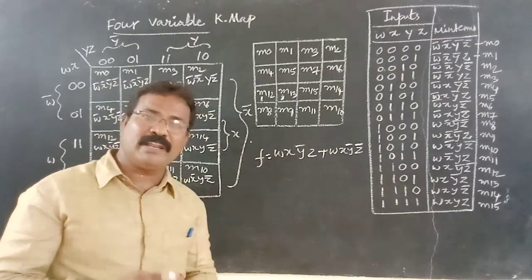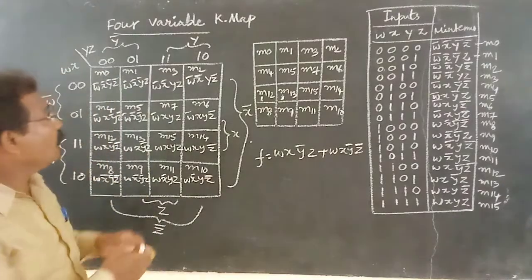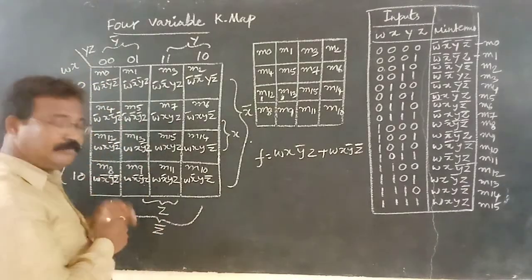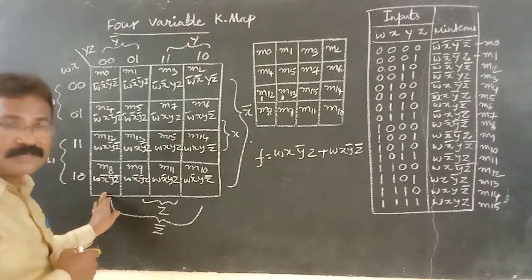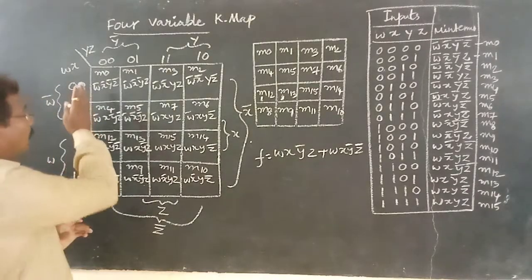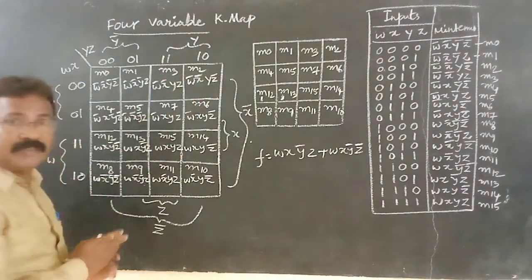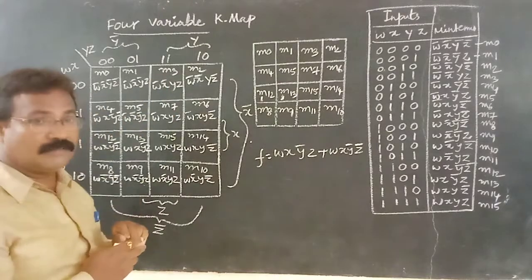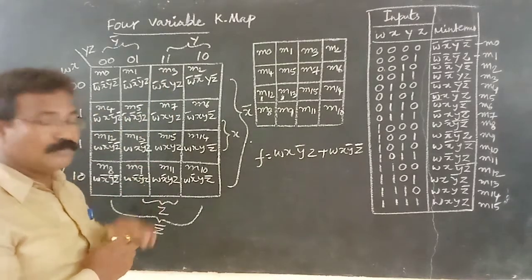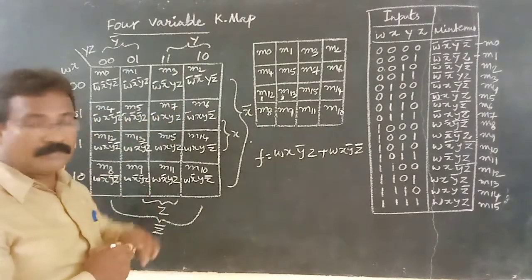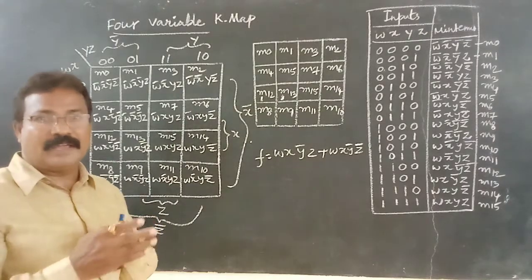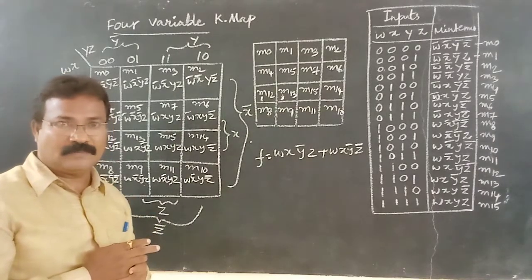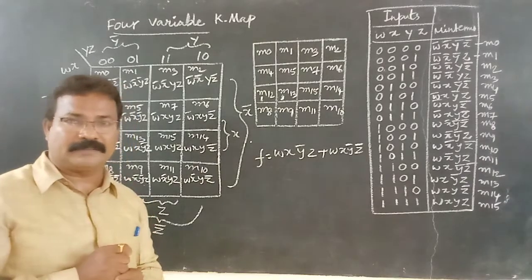In the four variable K-map, the top and bottom squares, and the left and right squares or minterms, can be taken as adjacent cells. This is very important.